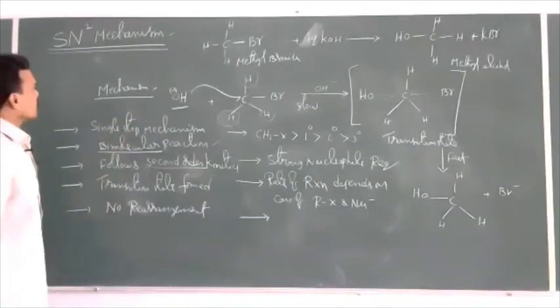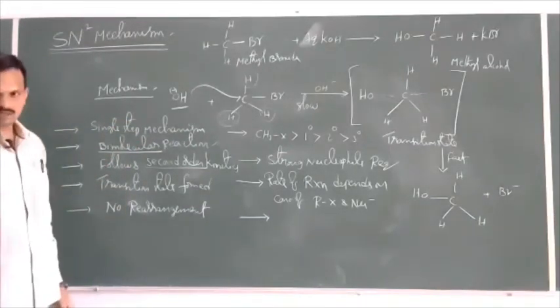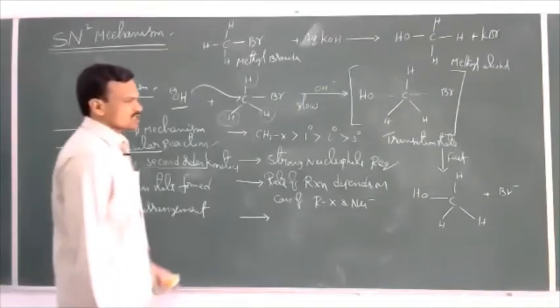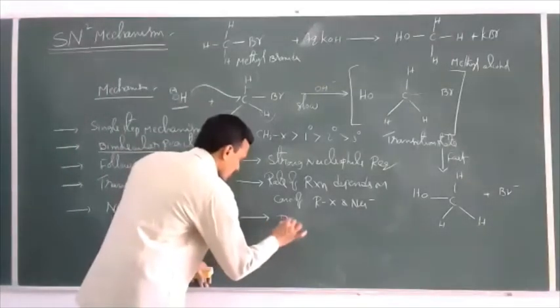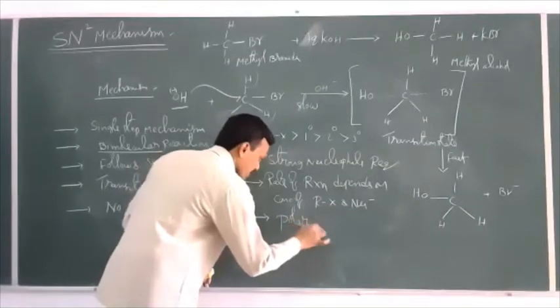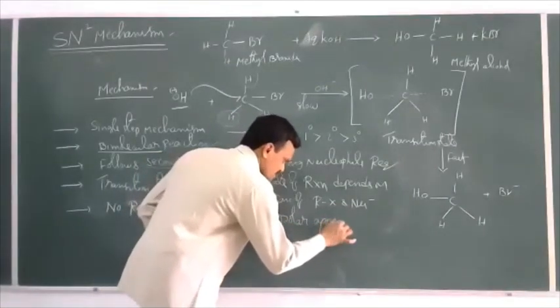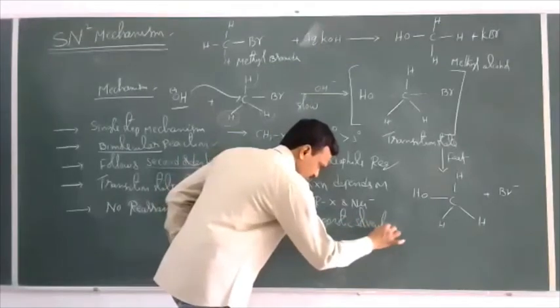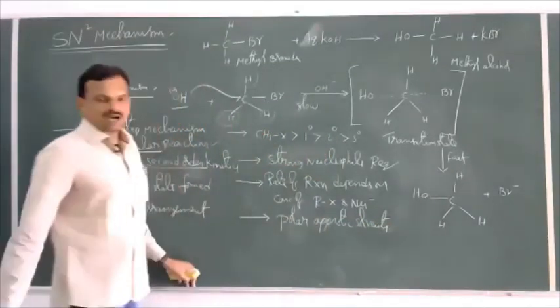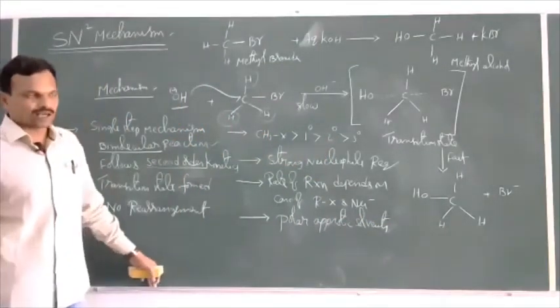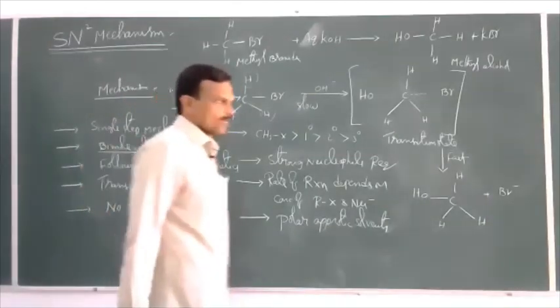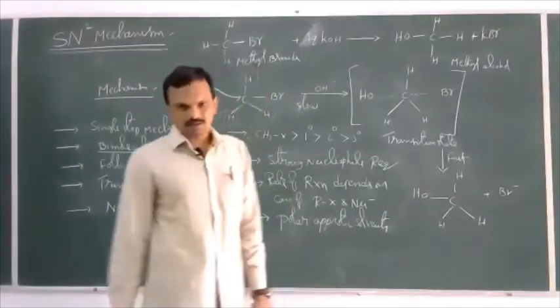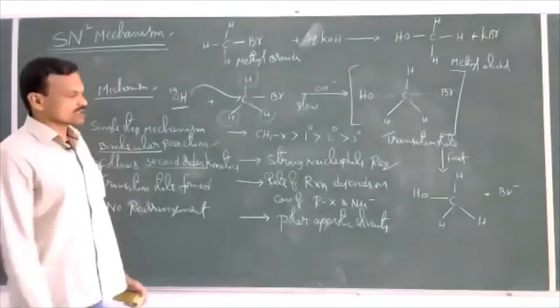What type of solvents is required for this? This reaction is favorable in polar aprotic solvents. Polar aprotic solvents are favorable, like DMF, dimethyl formamide, dimethyl sulfoxide, methyl cyanide, acetone, like this.